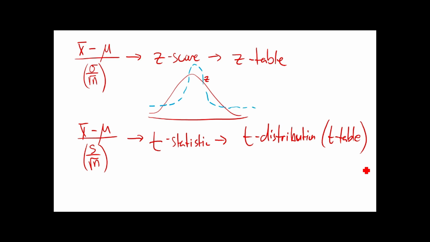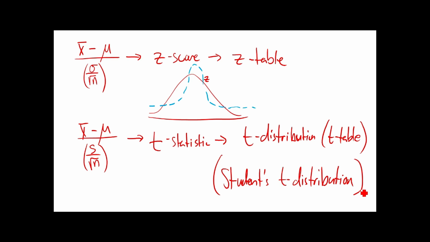And anyway, if you look in your book, this is sometimes called Student's t-distribution. Normally, if you come up with something really cool in math, people will name it after you, right?